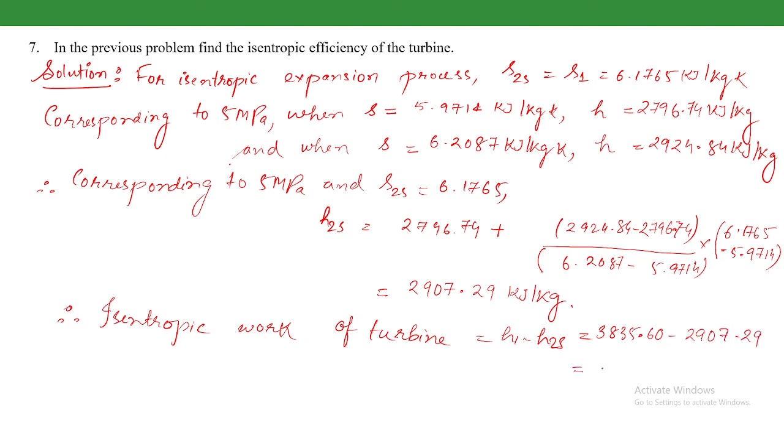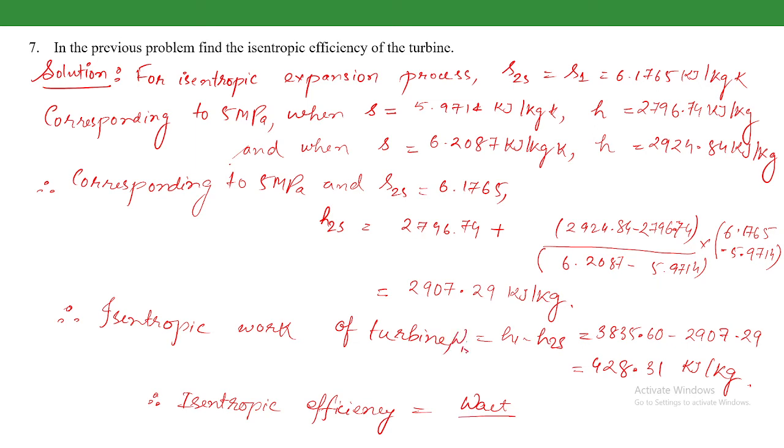So this value is 428.31 kilojoule per kg. Therefore, the isentropic efficiency is equal to the actual work divided by the isentropic work.